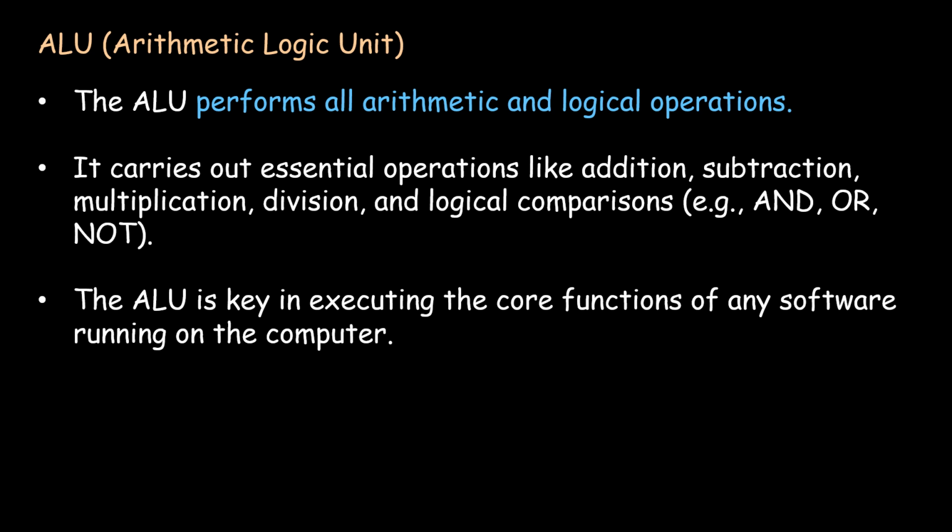The ALU also does logical operations, like AND, OR, and NOT, which are used to compare values. For instance, if the computer needs to check if two conditions are both true, it uses the AND operation. If only one needs to be true, it uses the OR operation, and if it needs to reverse the condition, it uses the NOT.